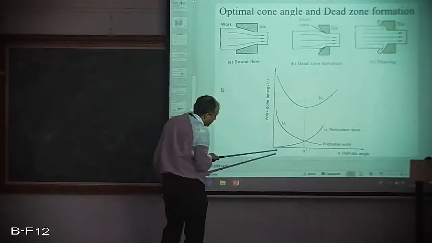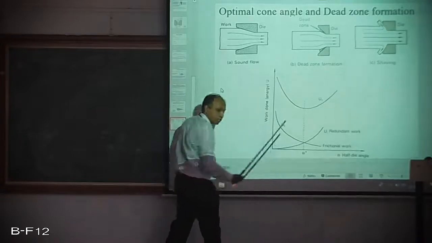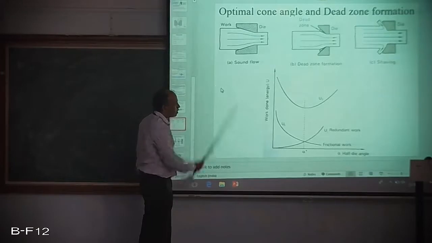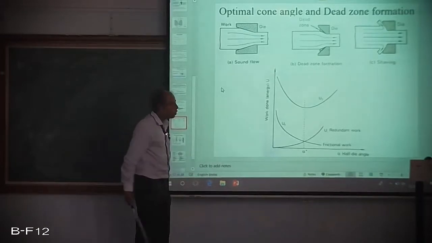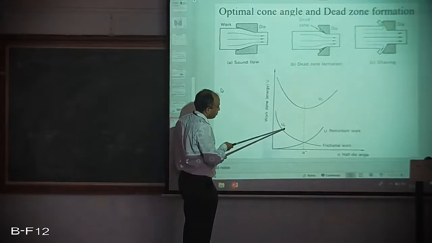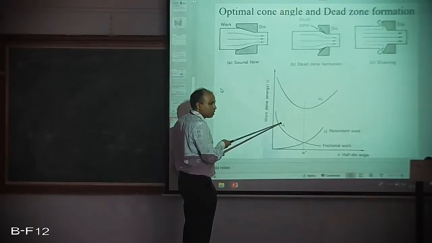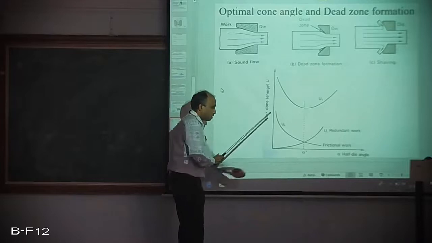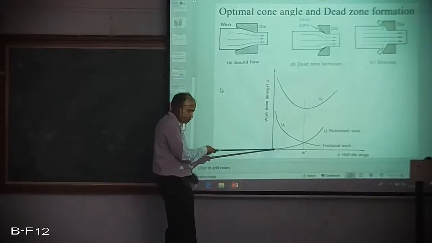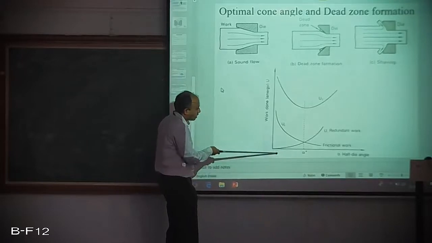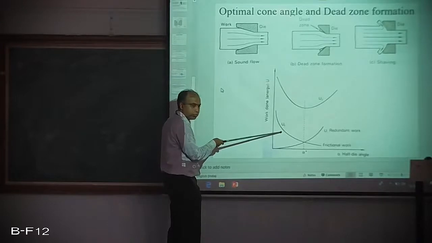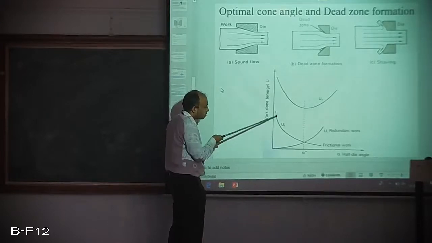So I am showing here half die angle, right? On the x-axis half die angle and the equivalent amount of work done to carry out the drawing operation. Now if you see, UF, F means friction and U is the work done, work done because of the friction. If I go on reducing the die angle, the work required to overcome the friction is more.